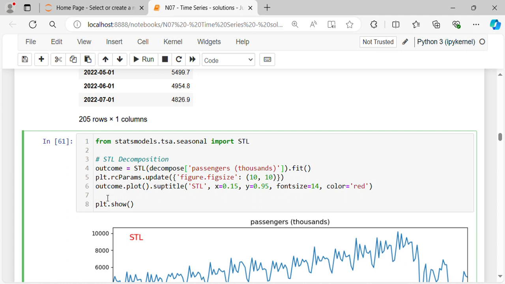Close the brackets. outcome.plot().suptitle, we want the title STL, and the position is x equals 0.15 and y equals 0.95, fontsize equal 14, that's the size of the letters, and color equal red. plt.show().